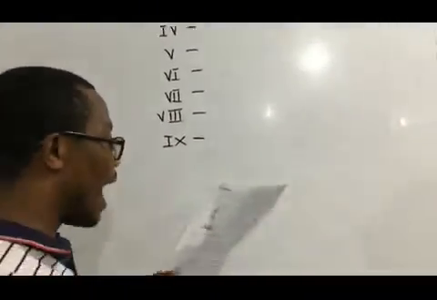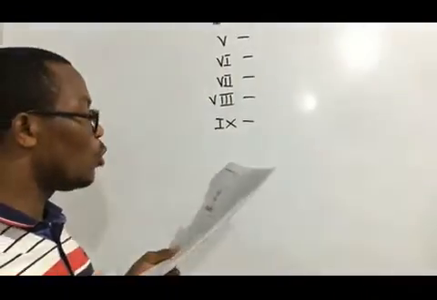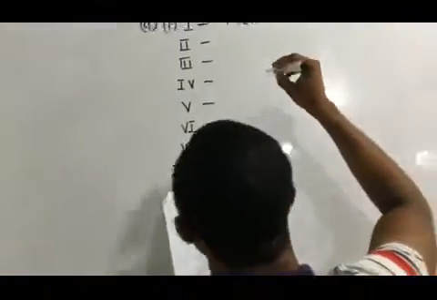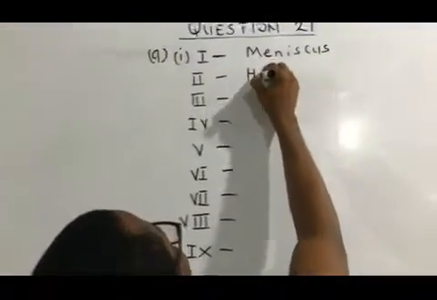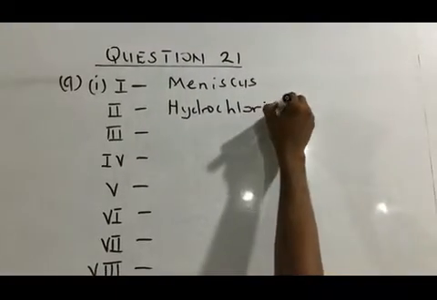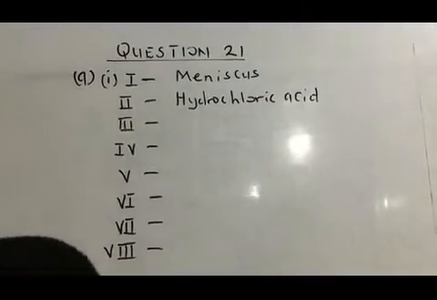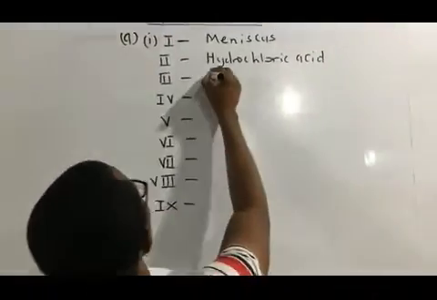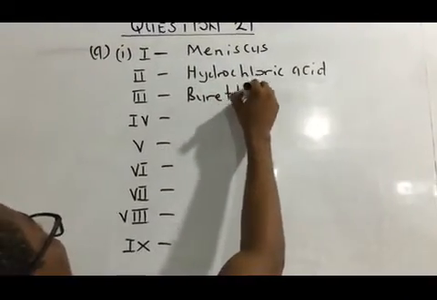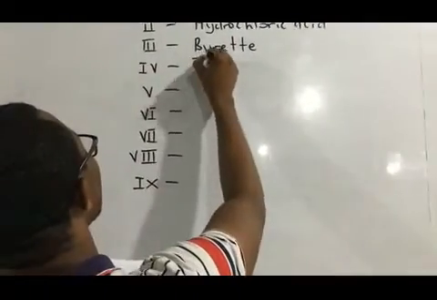And then you have the II, that is the solution in the burette. The solution in the burette, as I said, is the acid. So that would be the hydrochloric acid. And then the III is the burette. The IV is the tap.